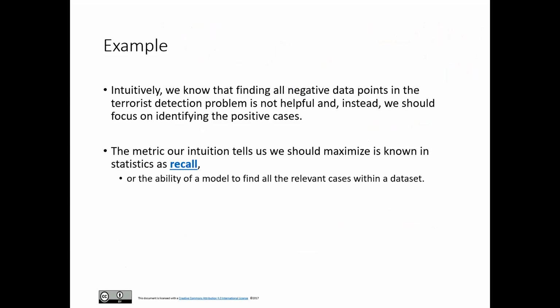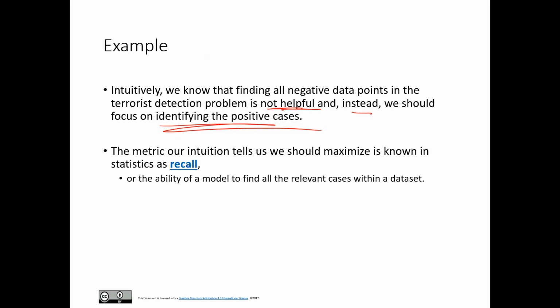So intuitively, we know that finding all negative data points in the terrorist detection problem is not helpful. Found all the not terrorists, that doesn't help you. And instead, we should focus on identifying the positive cases, even though they're very few, those 19, right?